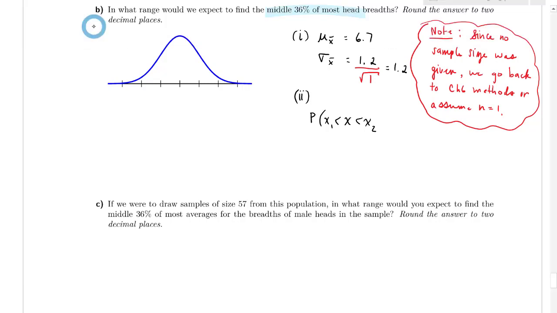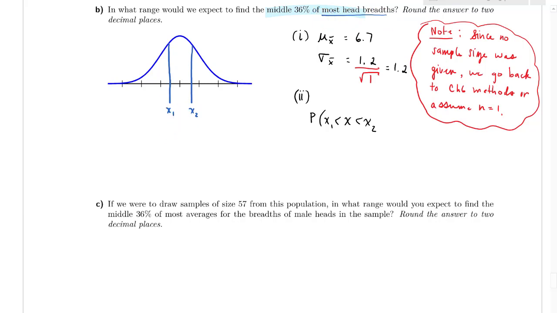Not one standard deviation, because that would be 68%. But we know that it would be somewhere like here, right? Between the one standard deviation away from the left and from the right. So x1 and x2 are not averages of head breadth, but just head breadths.